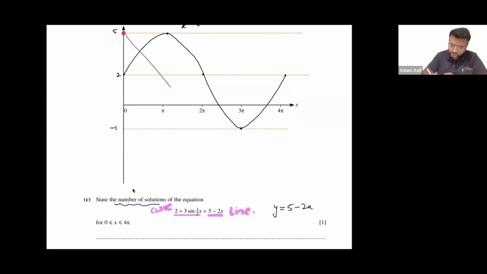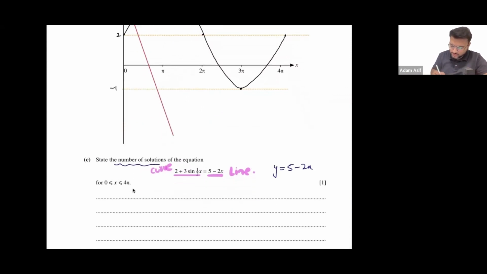So clearly it's going to be a sketch going down. Or we can find the x-intercept as well. The x-intercept is going to be 5 upon 2, that's 2.5, and 2.5 is a value before pi. So that's the line. Now, how many points of intersection do you observe? Just one. So the number of solutions is just going to be 1.